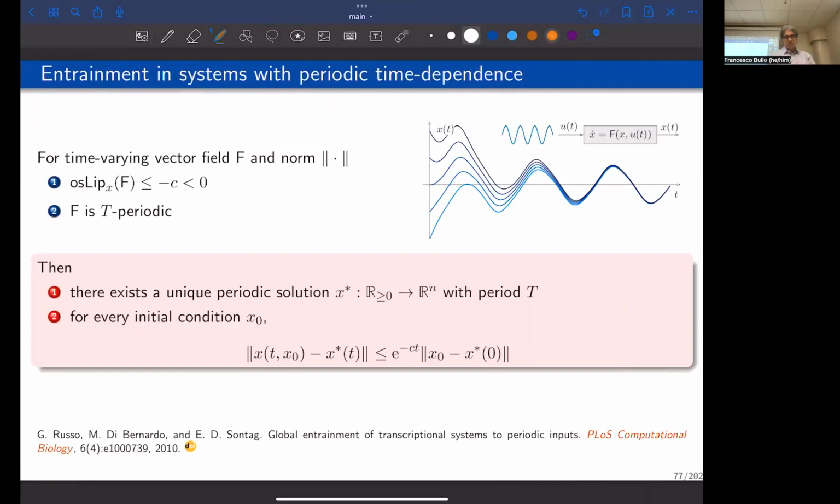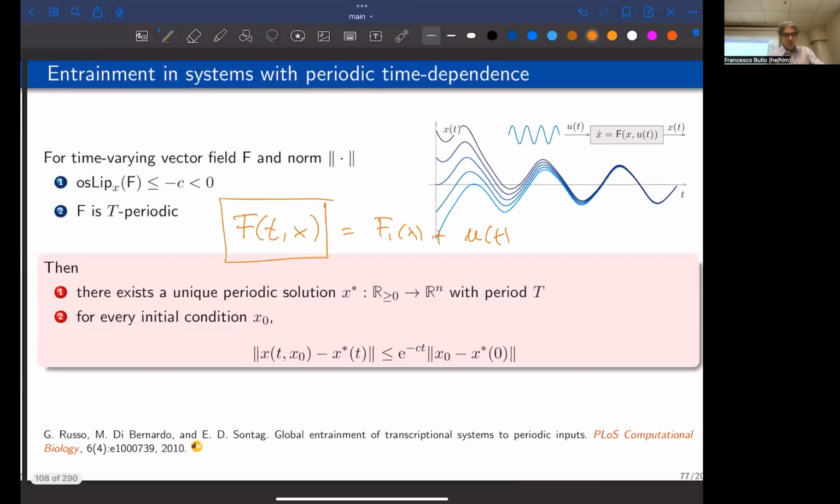And so entrainment is the fact that if you have a vector field F, which is a function of time, and it could be of the form f1 of x plus u of t, where u is periodic. It could be that the periodicity comes from an additive input. It doesn't matter.